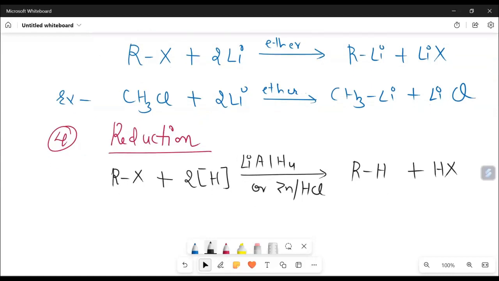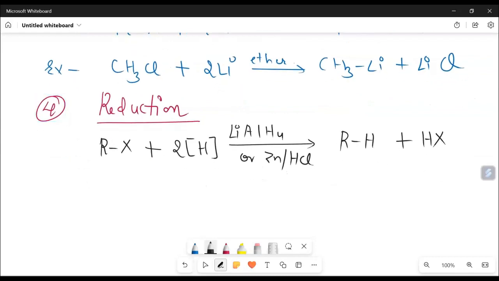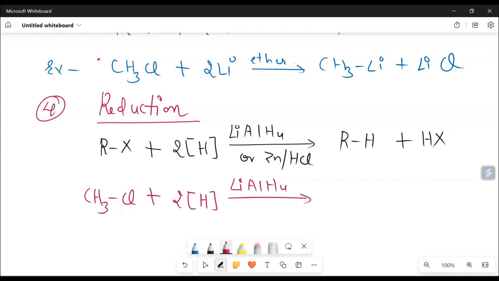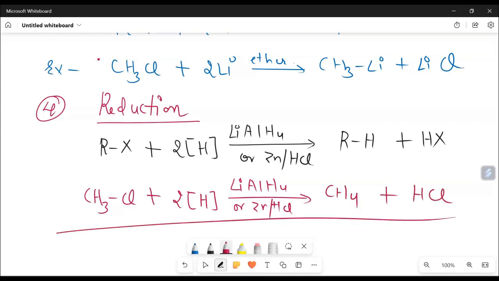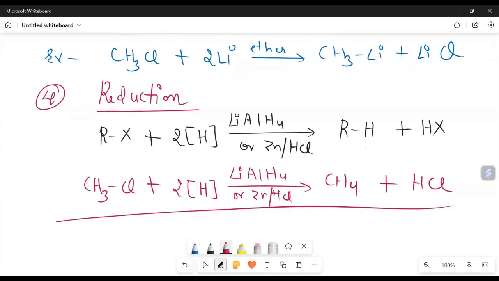So in this reaction you can use LiAlH4 or Zn/HCl. The reaction would follow like that: CH3Cl plus 2 hydrogen, with LiAlH4 or Zn in the presence of HCl, will give CH4 plus HCl. So this is a reaction known as reduction.